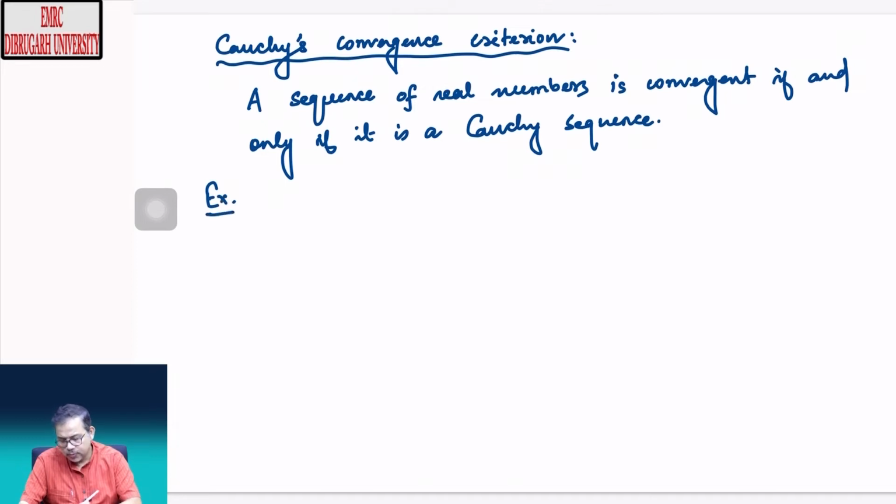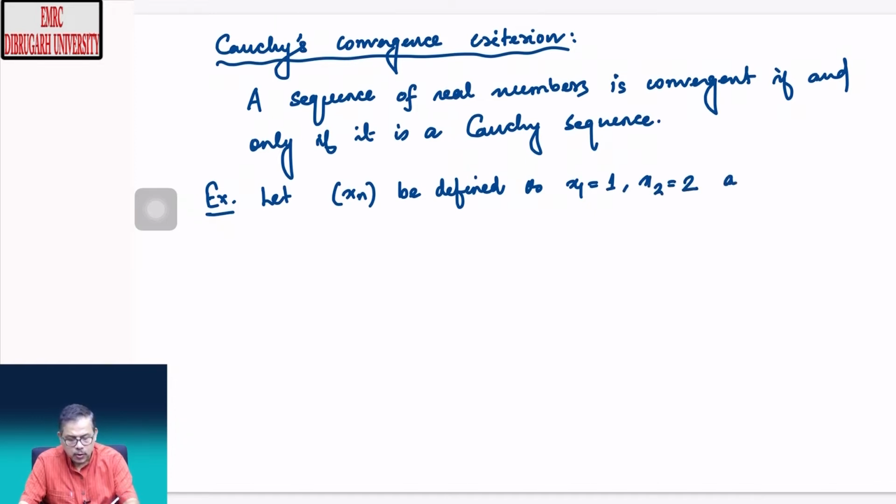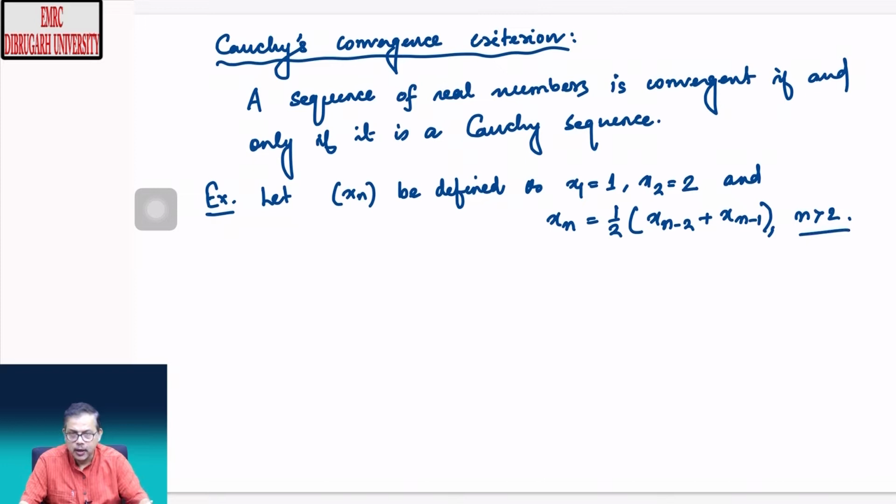Take this example. Let the sequence xn be defined as x1 equal to 1, x2 equal to 2, and for the rest xn will be half of xn minus 2 plus xn minus 1, that is for n greater than 2.